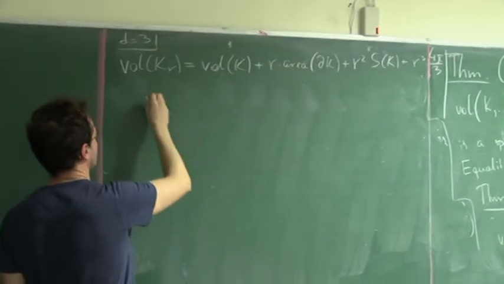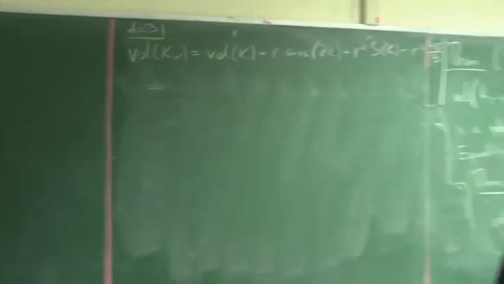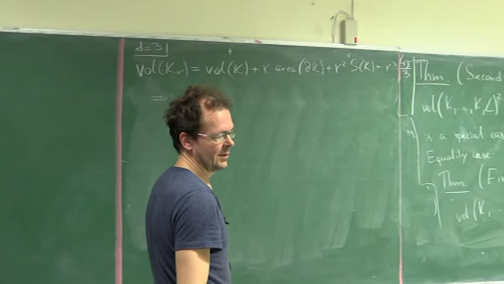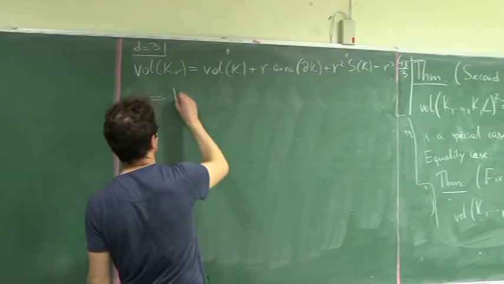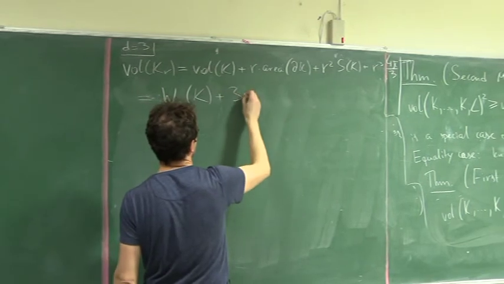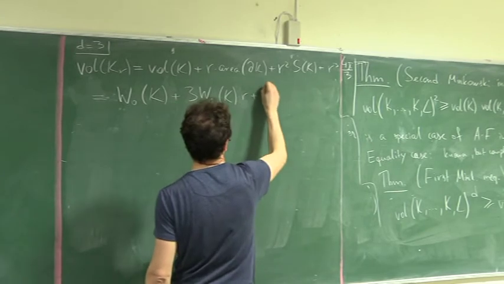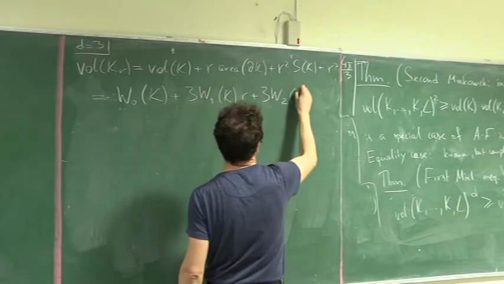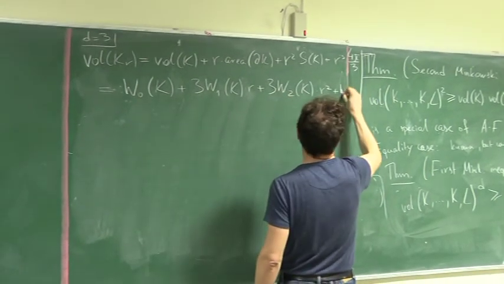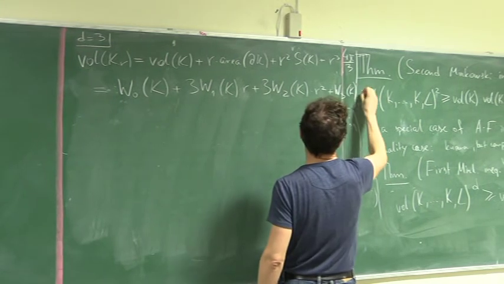So that was what we taught in the first lecture, and then we have also written it as follows. This is W0 of K plus 3 times W1 of K times R plus 3 W2 of K times R squared plus W3 of K times R cubed.